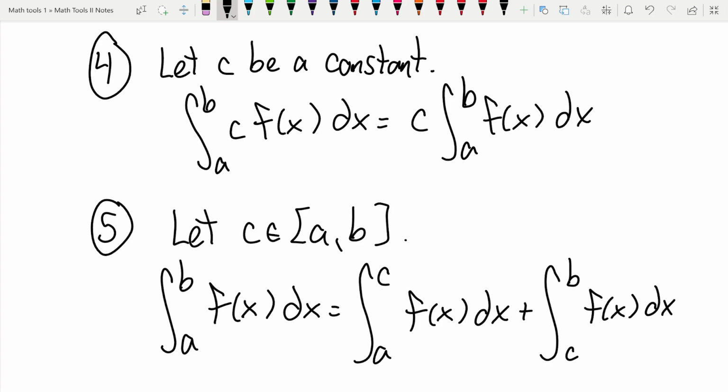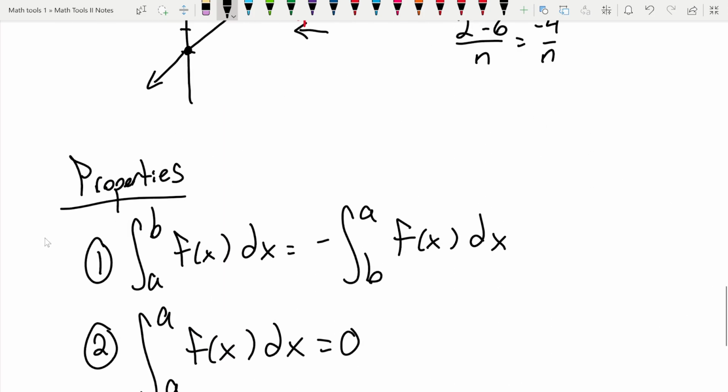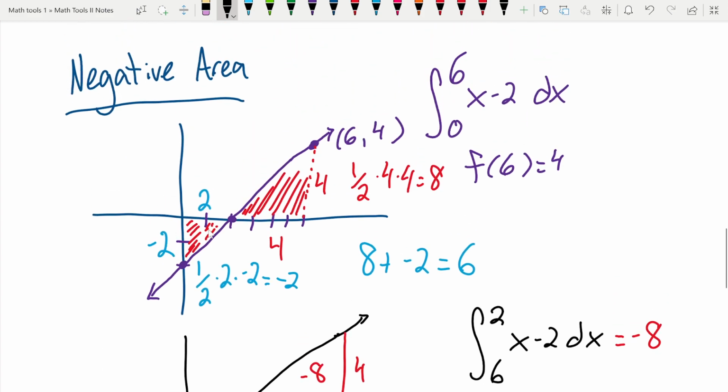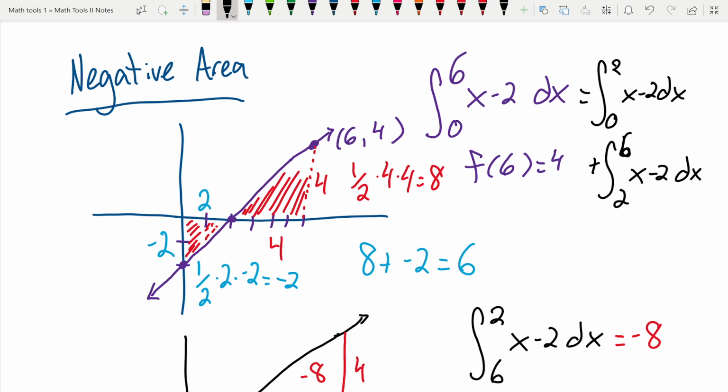So we don't have to do the whole integral of the whole section. We can look at just different parts of it. And we already did this, right? We did this with x minus 2. Here we broke it up as the integral from 0 to 2 of x minus 2 dx plus the integral from 2 to 6 of f of x dx.